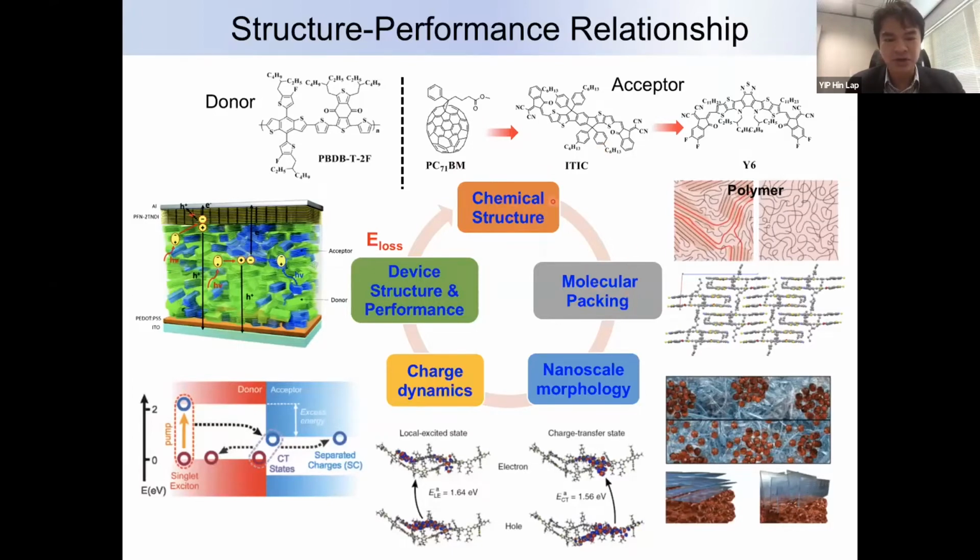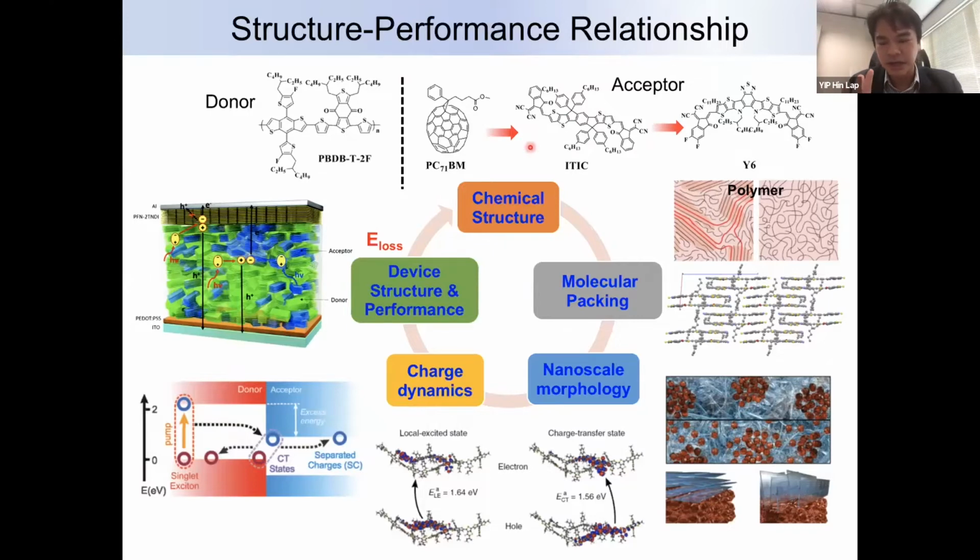And then because we have donor acceptor material, we also need to know its nanophase separation morphology. All of them will affect the charge dynamics, the charge separation process in the bulk junction. And eventually, we also need to take care of the charge extraction in the device. So this completes the whole study for the structure performance relationship for organic solar cell.